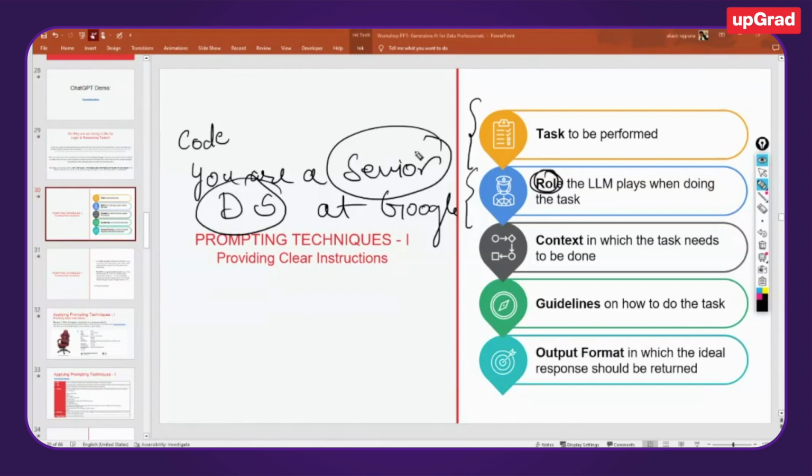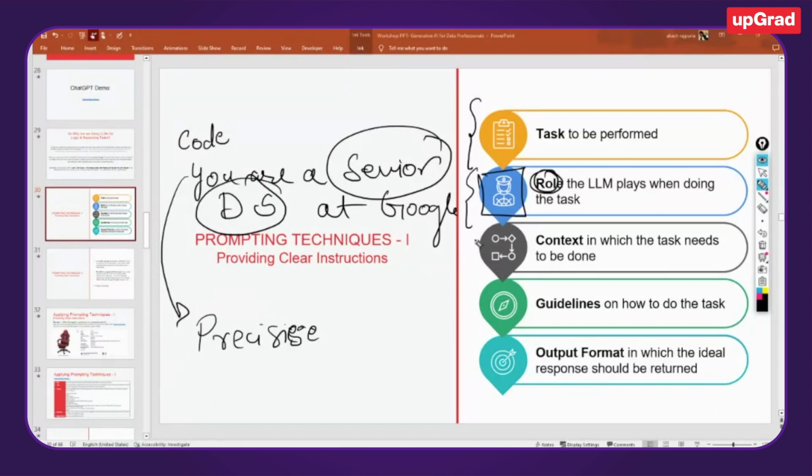So whatever the code or the material of a developer it is trained on, it would try to focus on that data. So many times this role gives you much more precise results, exactly what you want, because your model knows what role it is performing.